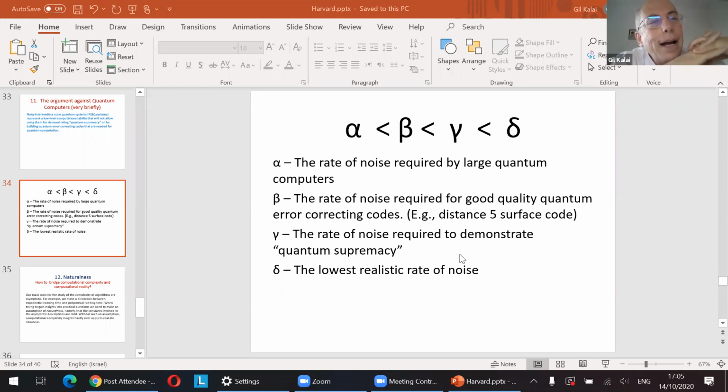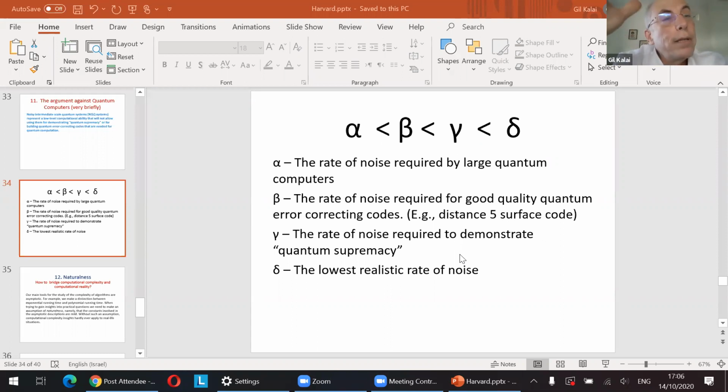The argument is that we are talking here about physical systems, and we have an unknown parameter, which is the rate of noise. The reason I tell you that the rate of noise is large is not based on a specific physical mechanism, which can be very different for different systems, but on the computational ability of the device.